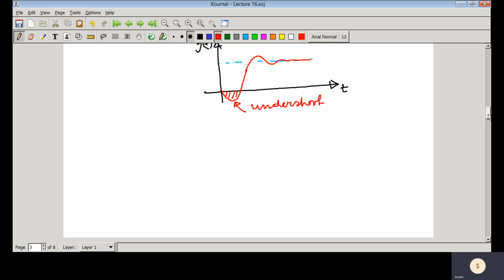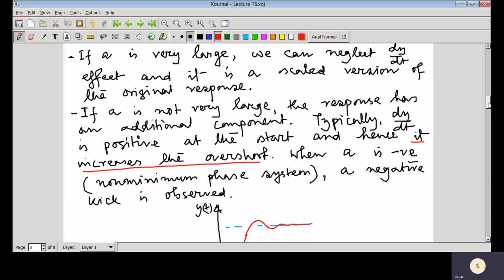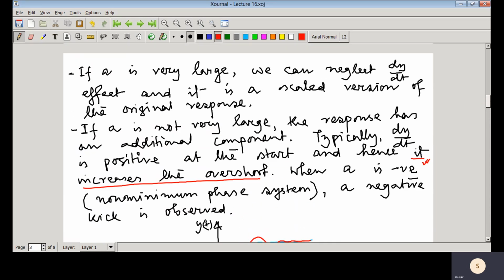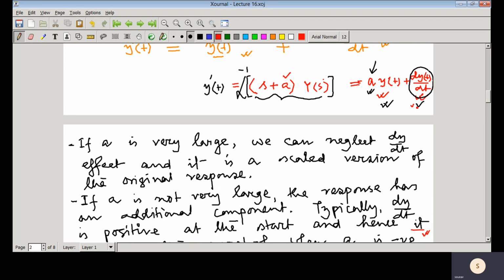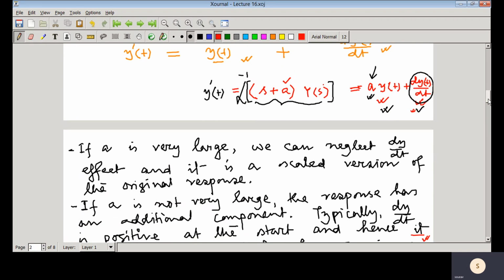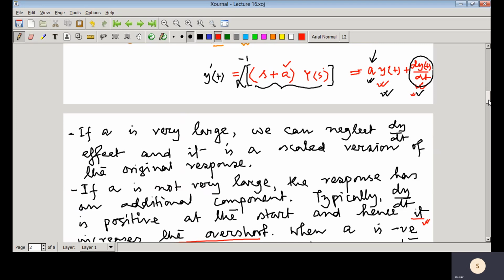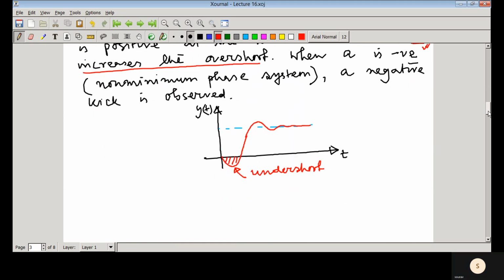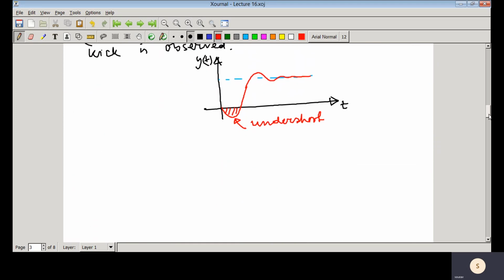So let us see what happens whenever we introduce a 0, because we have just seen that introducing a 0 increases the overshoot, because of that extra dy by dt term that appears in the time response expression.